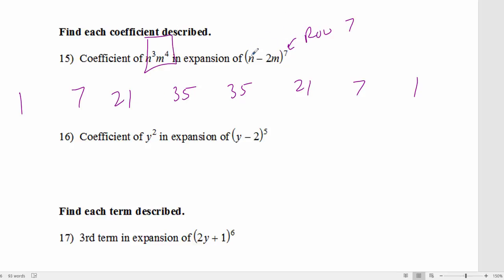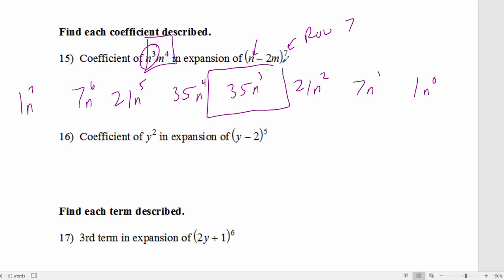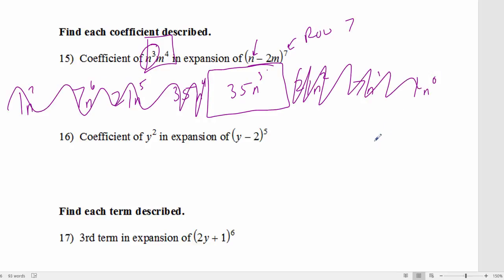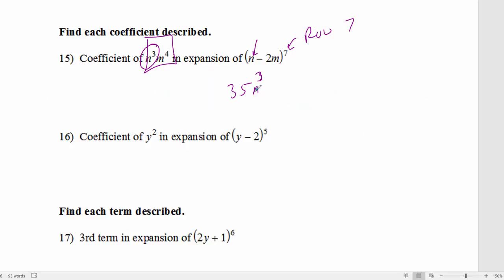Remember, the first thing we start with is n to the 7, n to the 6, n to the 5, n to the 4, n to the 3, n to the 2, n to the 1, and this is n to the 0. So this is n to the 3. That means I'm going to care about what this term is here. Everything else, I don't care about for the purposes of this particular problem. I can just forget about them. I only care about this one here. Okay, so 35n to the 3.